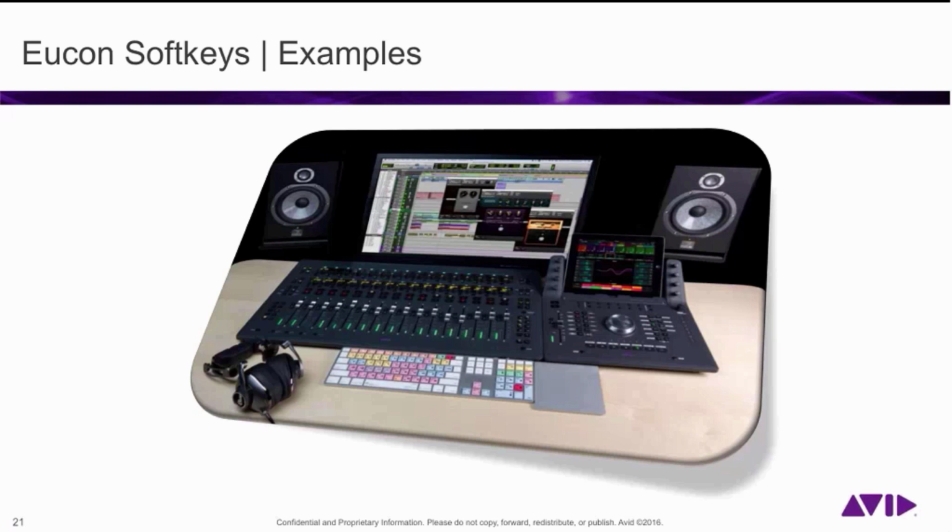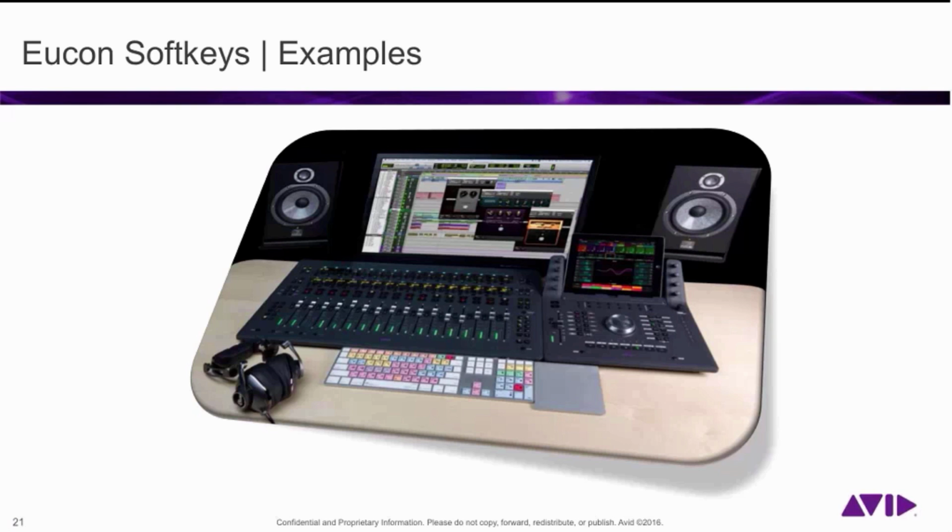So in all of my examples here, I've broken them down into 2 categories, workspace and macros. My workspace soft keys are made up of several elements. They're made up of markers, mainly for zoom, track hide, and show functionality.